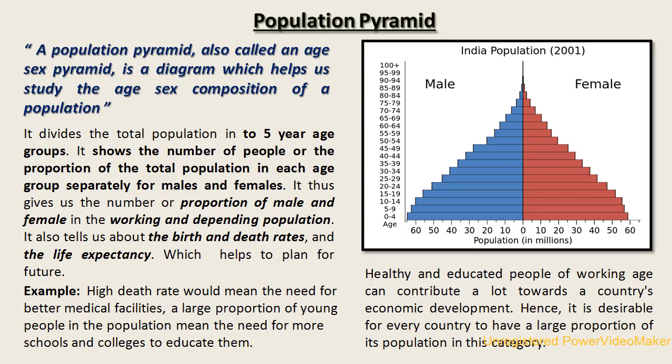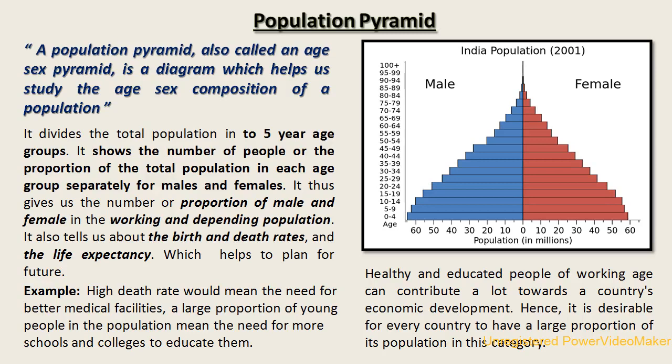It shows the number of people or the proportion of the total population in each age group, separately for females and males. If you add the two numbers of male and female, you will get the total number of people in that particular age group.